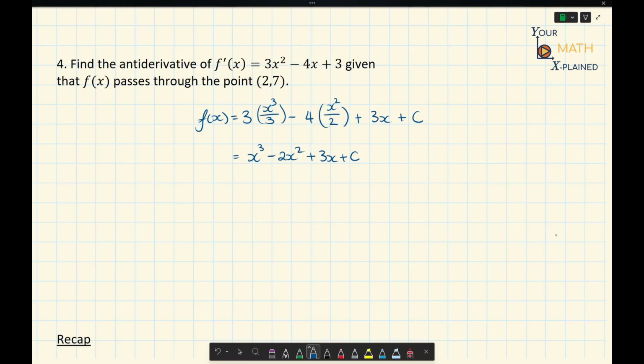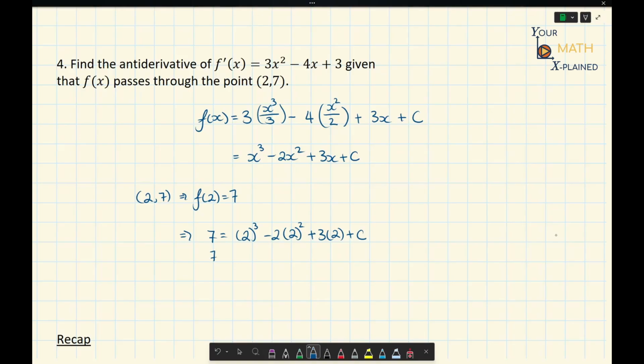So now that we have our general antiderivative, we can go ahead and use that point to find the particular solution. And how we do that is because it passes through the point 2, 7, that means f of 2 is going to be equal to 7, which means 7 is equal to 2 to the power of 3 minus 2 times 2 to the power of 2 plus 3 times 2 plus c.